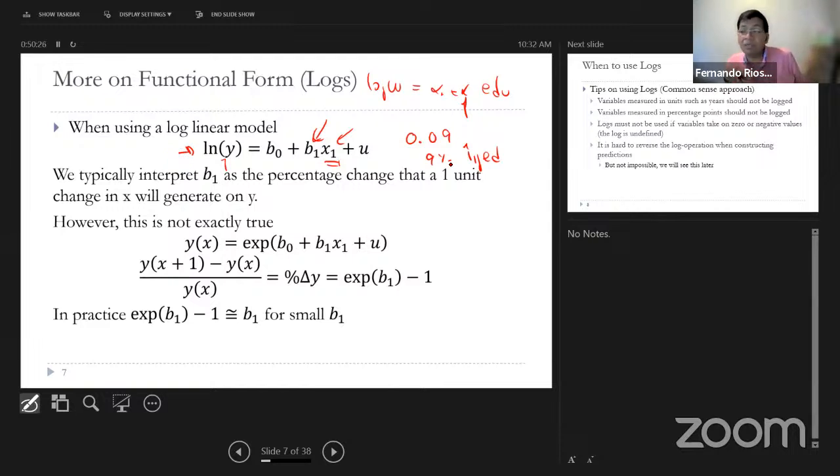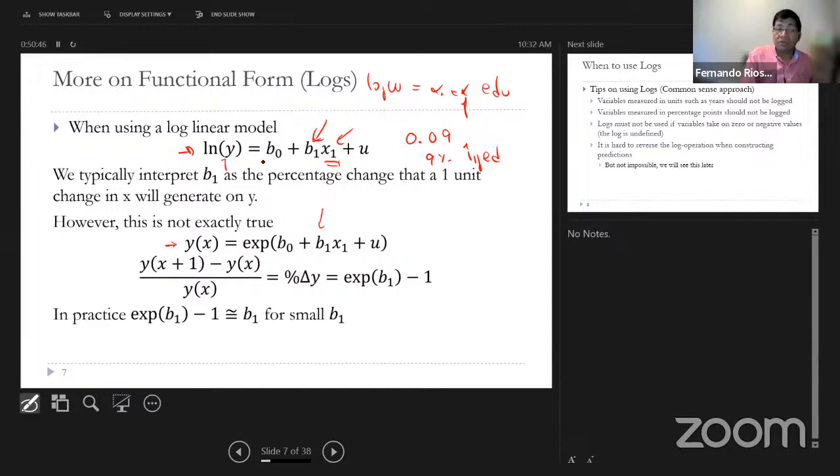Now, something that you need to be aware of, and people in other fields are much more strict with this, is that just making that simple transformation of the beta coefficients is incorrect. It's just an approximation, because what you're really trying to do is something like this.